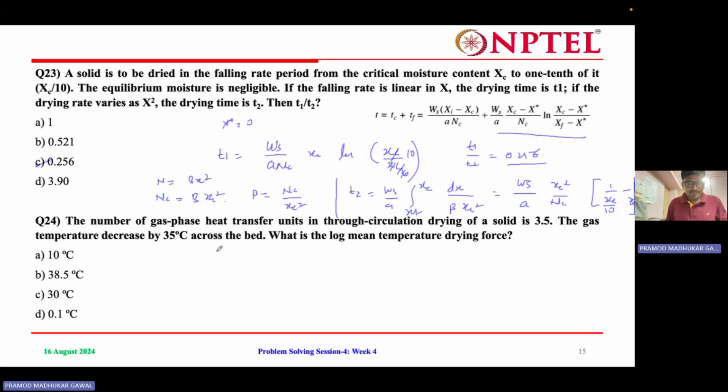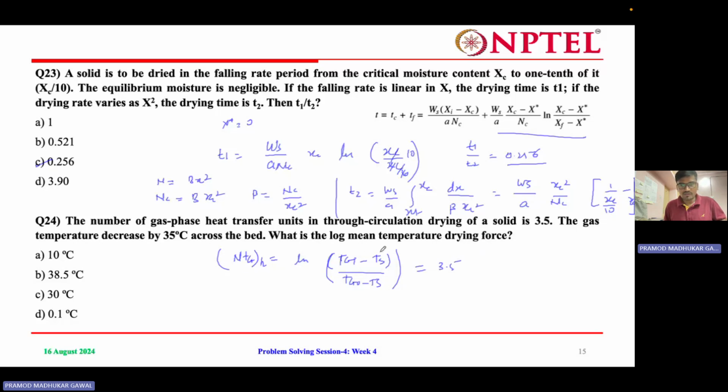So NTG, the number of gas phase heat transfer units, H denoted by the heat, is ln of TG1 minus Ts, the surface temperature, divided by the outlet temperature minus Ts. This is the number of gas phase heat transfer units, which is given as 3.5.